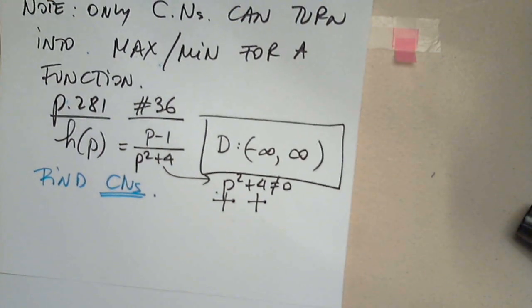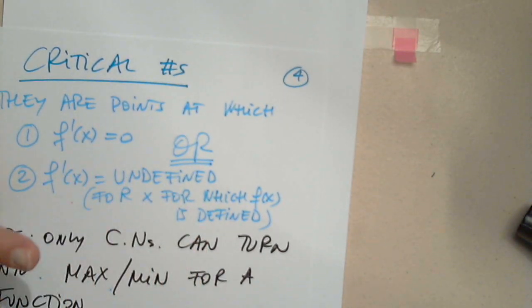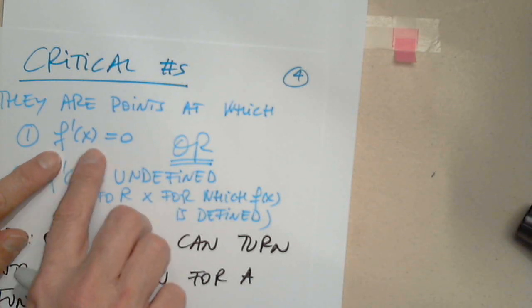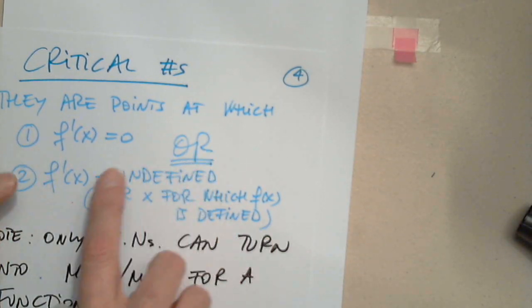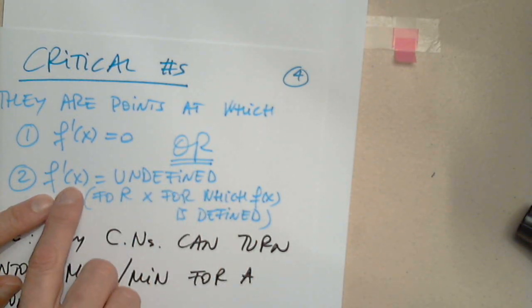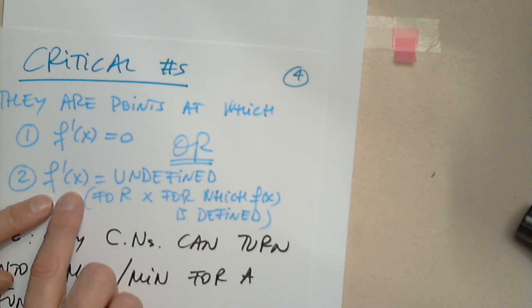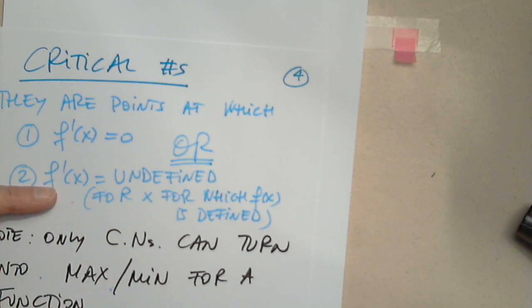Good. So we're asked to find critical numbers. Critical numbers can come from two possible sources, either from f prime being 0, or if f prime happens to be undefined where the function is defined, that will be another critical number. It can have critical numbers coming from both, from one and not the other, or not at all.